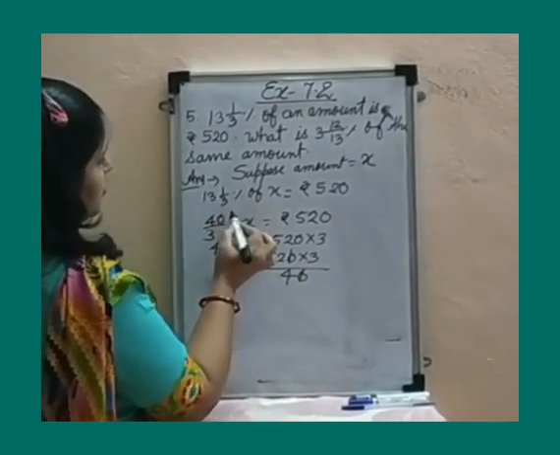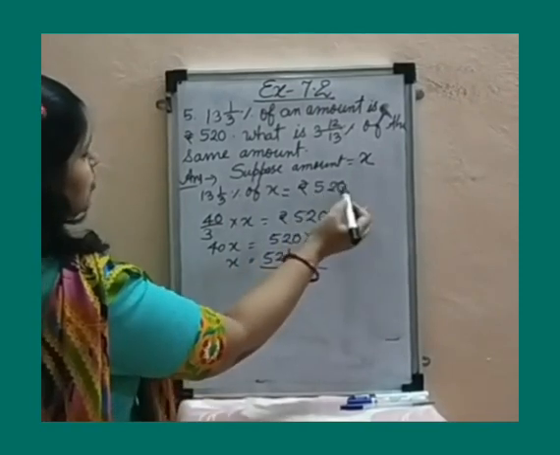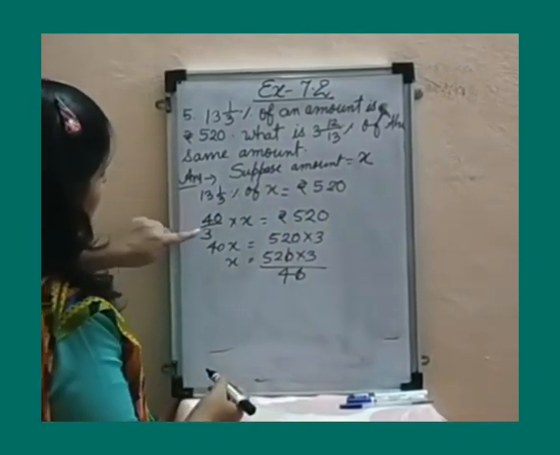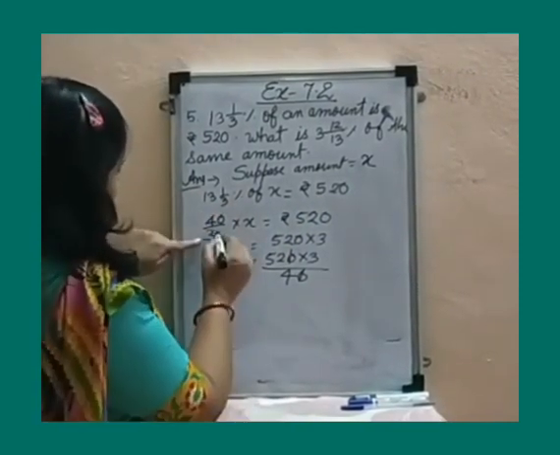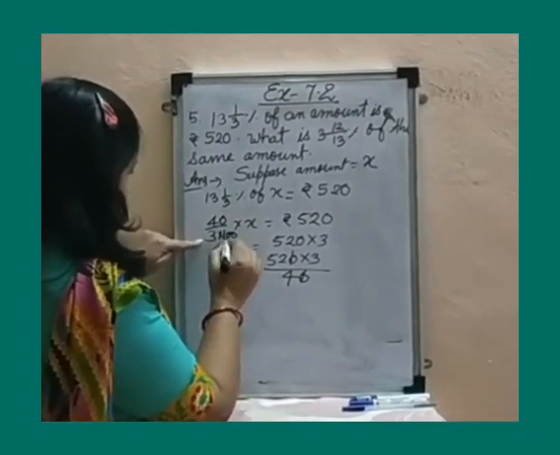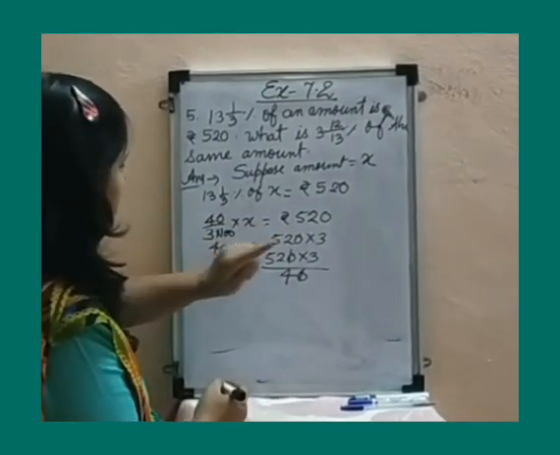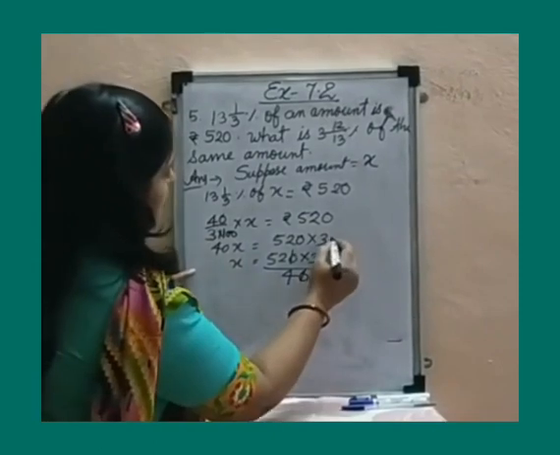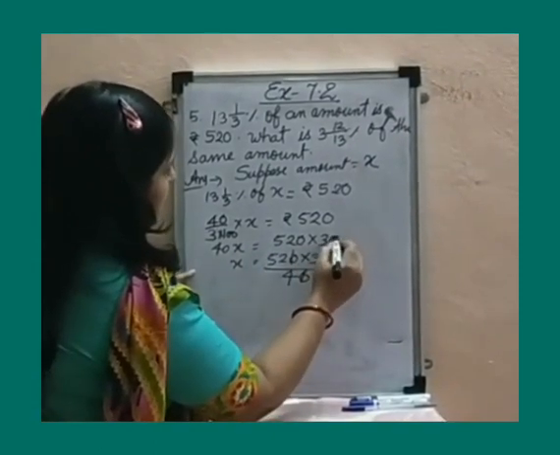13 1/3% of x equals 520. So 40 upon 3, and for the percentage it is 100, into x equals 520. 40x equals 520 into 300.